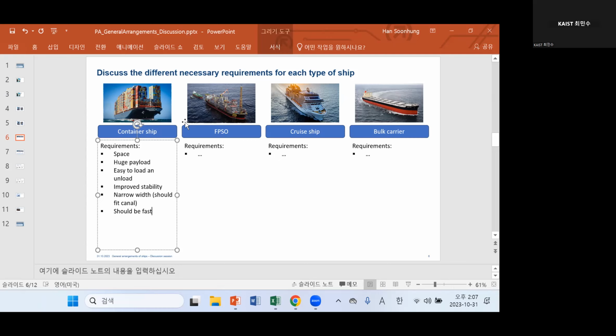Very good. Maybe now think of the other types of ships. Are there any different requirements than here, for example, for a cruise ship? What do you have to consider there? A good comfort for all of the passengers. Comfort, yeah, very important.